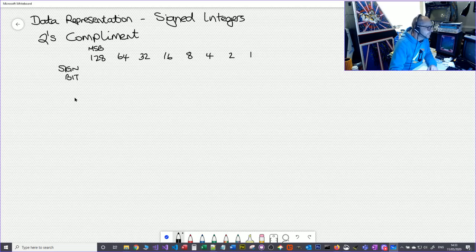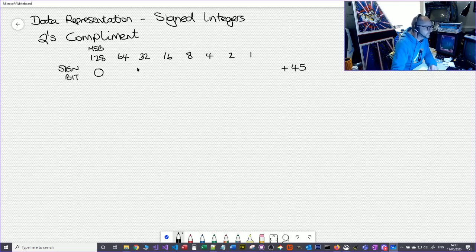Okay, so for positive numbers, the process is identical. So let's say we wanted to write down the number plus 45. We start with the sign. The sign is positive, so just like in sign and magnitude, we put a 0 in the sign bit to mean positive. And then we use the remaining bits in order to represent the size, the magnitude, so the 45.